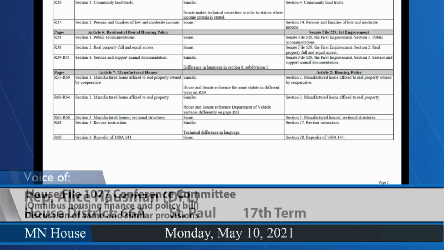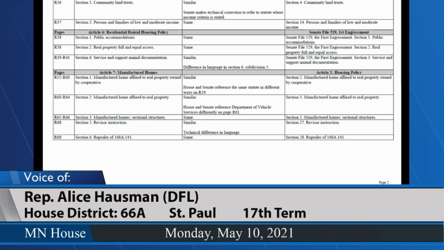I think those are the only agreed upon items at this point that I've been given. And so members, as you know, we were anticipating much more work over the weekend. We thought that we might be getting targets on Friday, and that did not happen, and we haven't heard any further word about that.